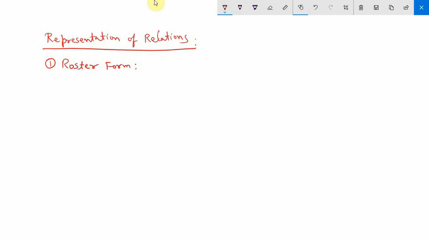So in roster form, a relation is represented by the set of all ordered pairs belonging to R.